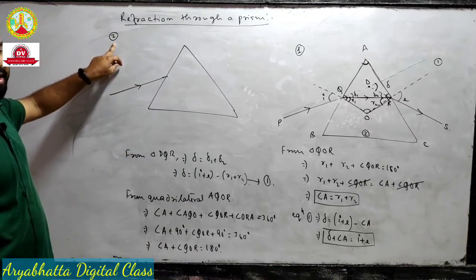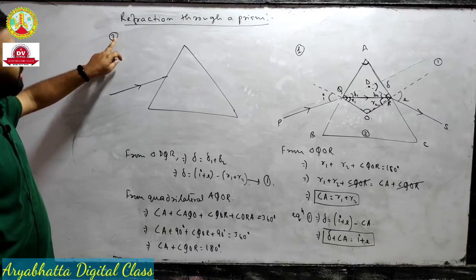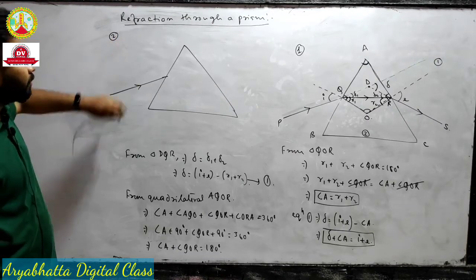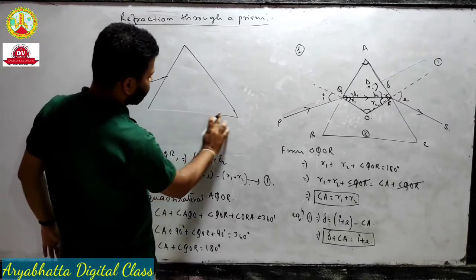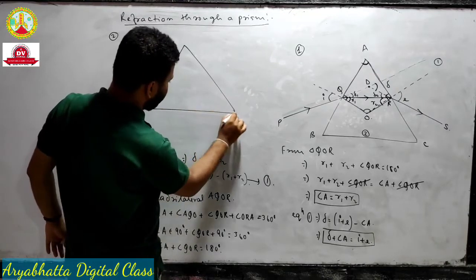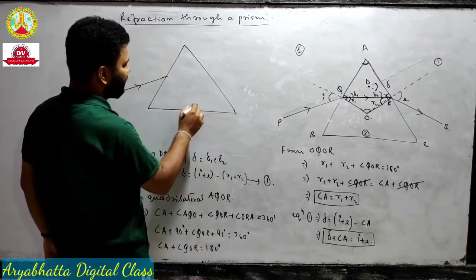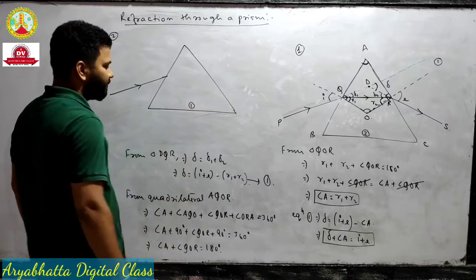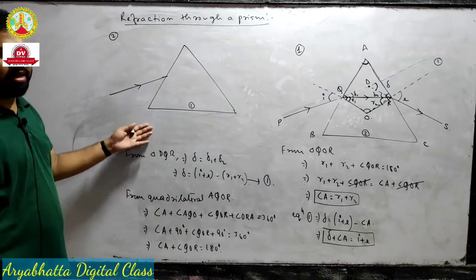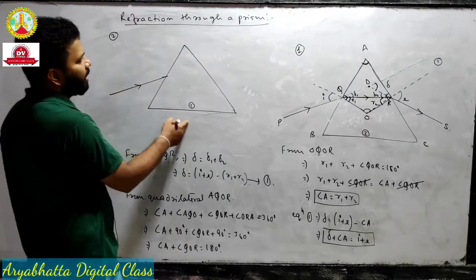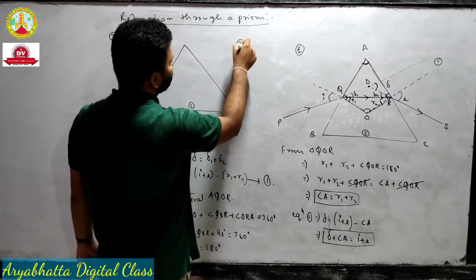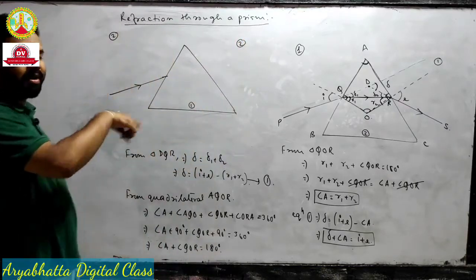I already said that if a medium is denser, it is represented by 2, and the rarer medium is represented by 1. So when this happens, it is 2, 1 and this one will again be 2. Now the prism is surrounded by a denser medium.